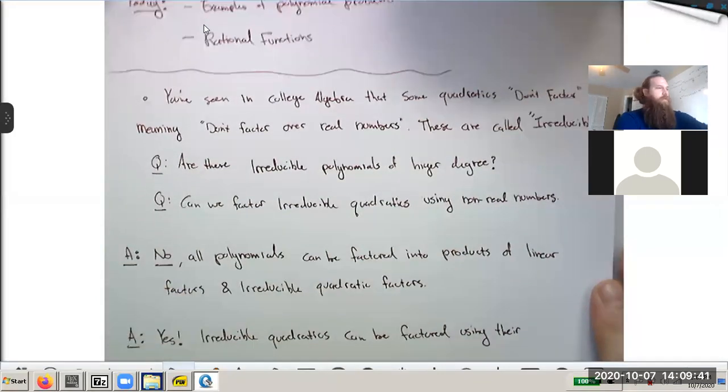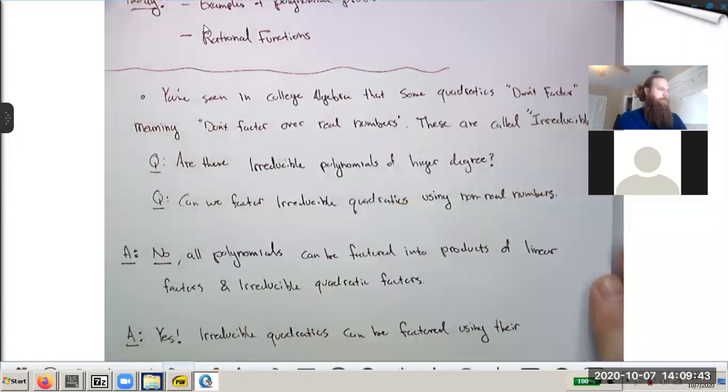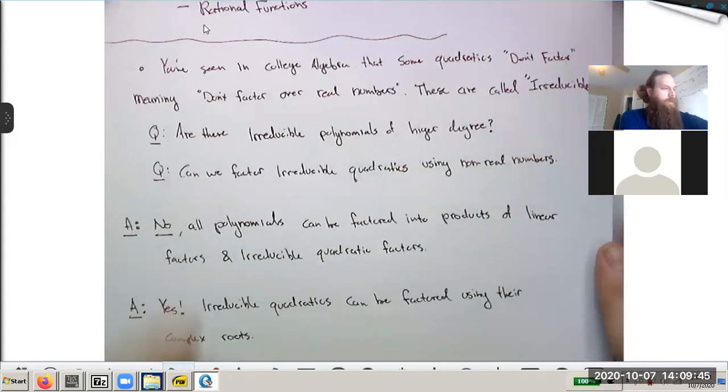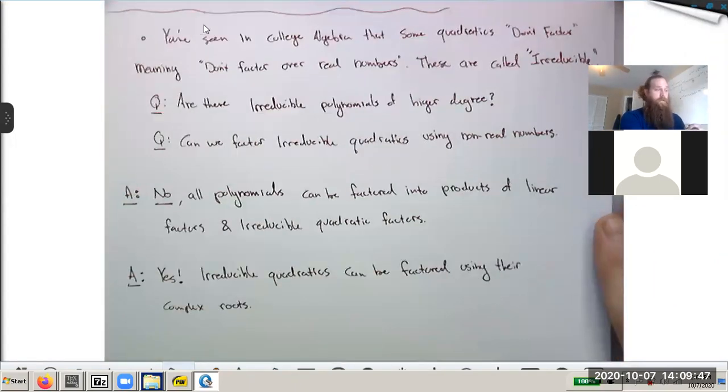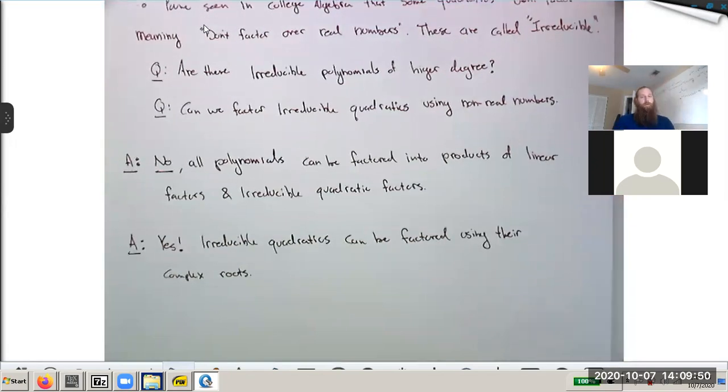So complex numbers are very cool things. I could spend days, weeks, years even talking about complex numbers, and if you're interested in that sort of stuff, I want to encourage you to take, what was it, MAA 4301, which is the Intro to Complex Variables class. But the short answer there is yes, any polynomial can be broken all the way down into linear factors if you're willing to work with complex numbers.